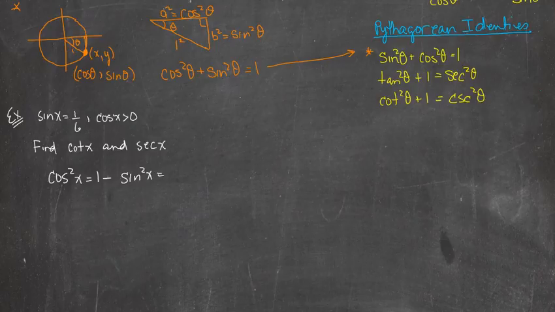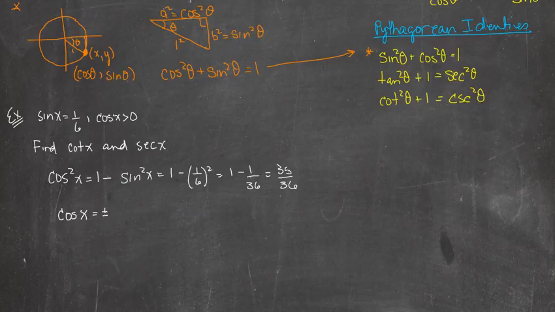Now I can just plug in my sine squared, 1 minus 1/6 squared, which is 1 minus 1 over 36, which is 36 take away 1, 35/36.